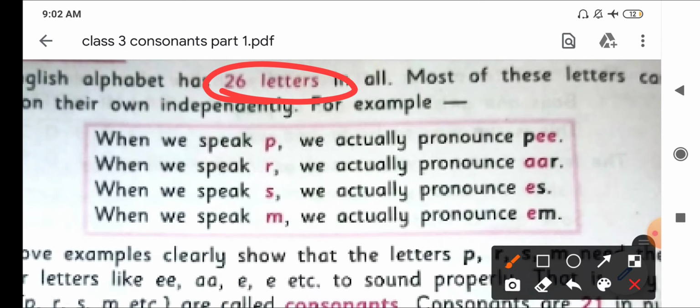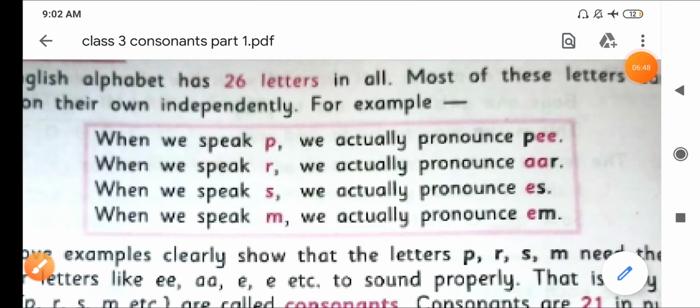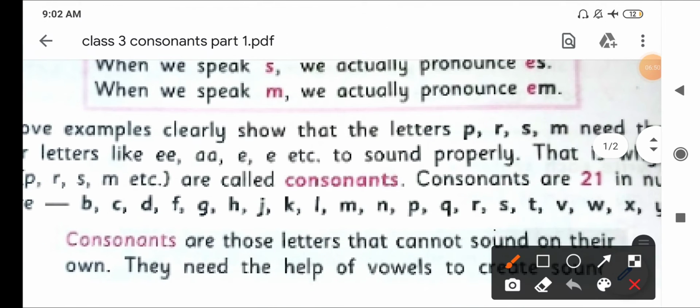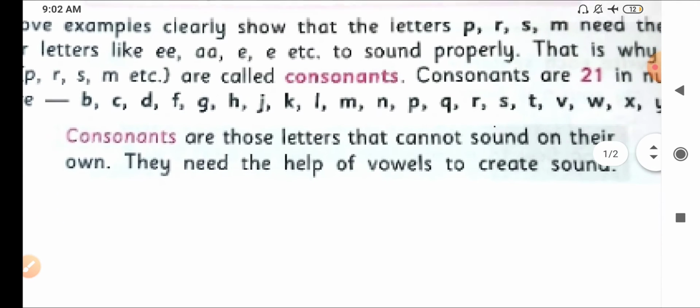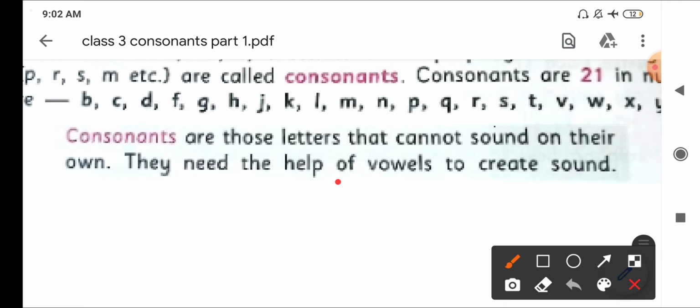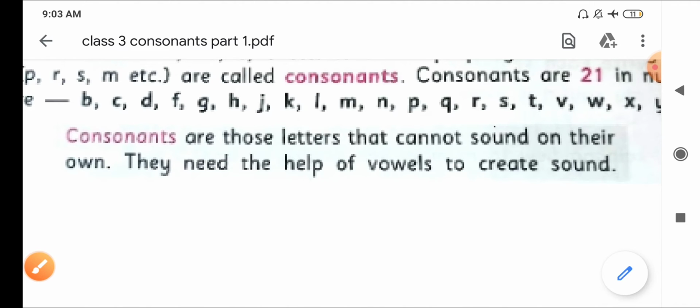And there are only 21 consonants. So what about the rest of the letters? How many more letters are there? Five more letters. So here we are talking about the vowels, isn't it? Let us see what are vowels now.